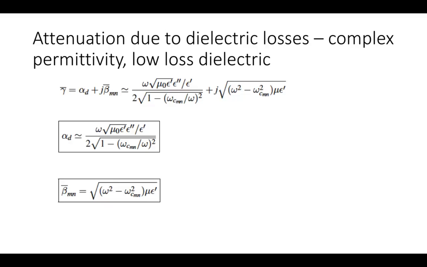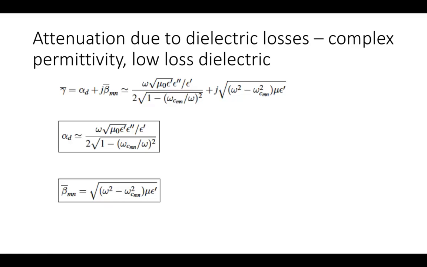We can pull out the expression for alpha in terms of epsilon double prime, epsilon prime, the wavelength, the cutoff frequency in the guide, and the frequency of the propagating wave. So it looks like this. Beta can be written as this second term. So this is your attenuation due to dielectric losses.